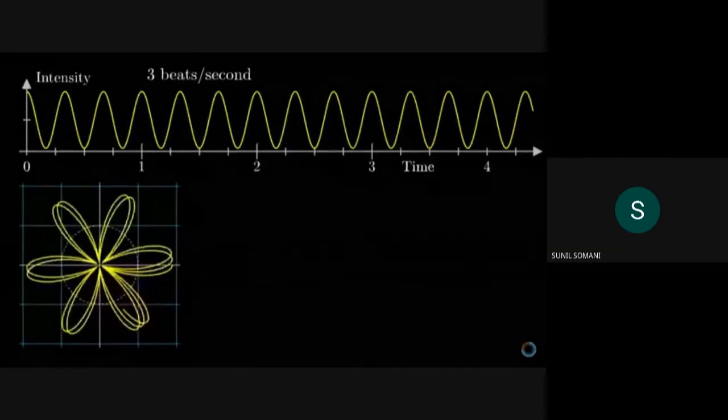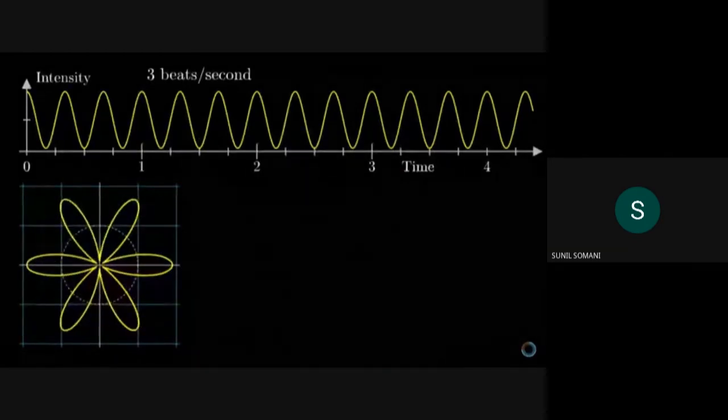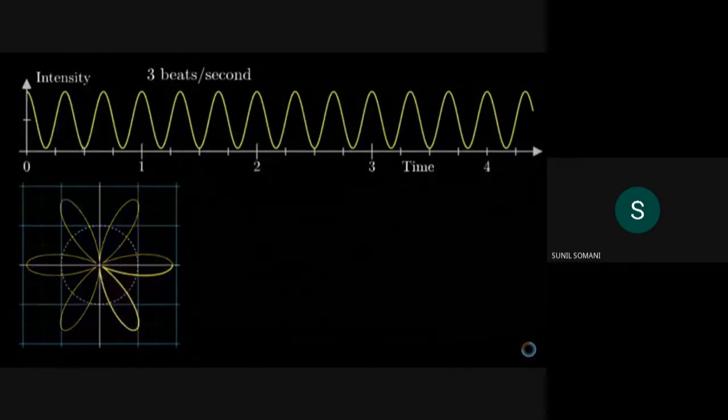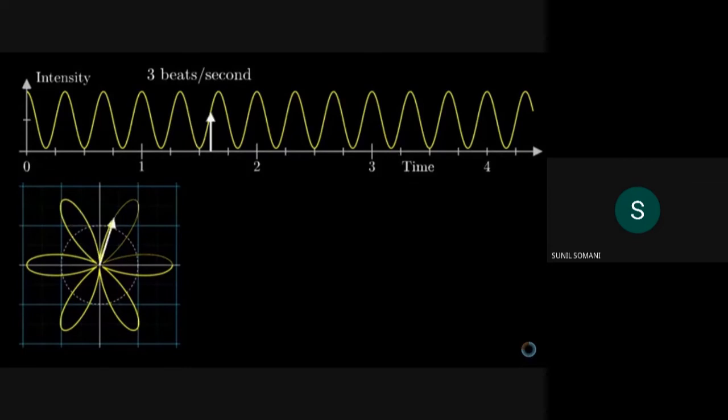Concretely, here's what I mean by that. Imagine a little rotating vector where at each point in time, its length is equal to the height of our graph for that time. So high points of the graph correspond to a greater distance from the origin, and low points end up closer to the origin.